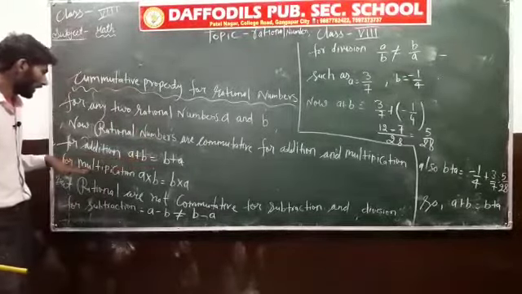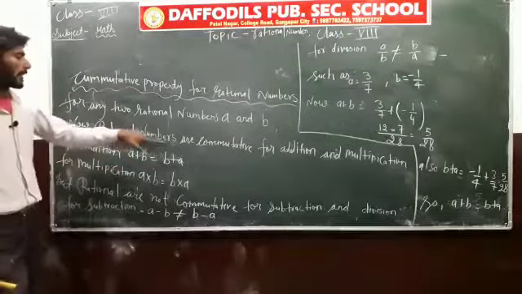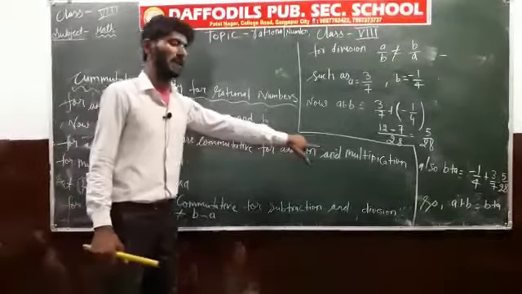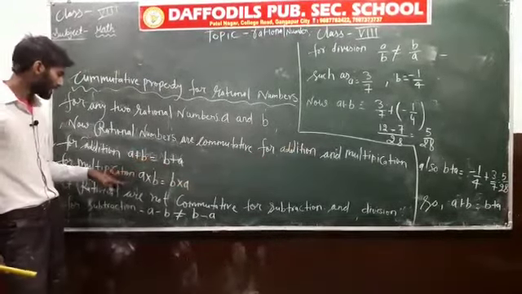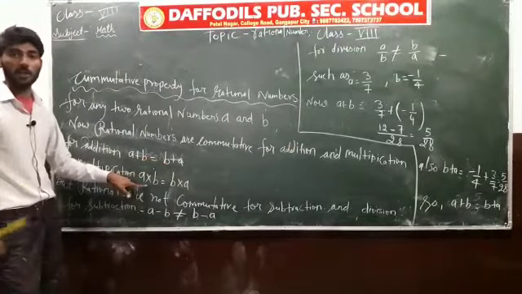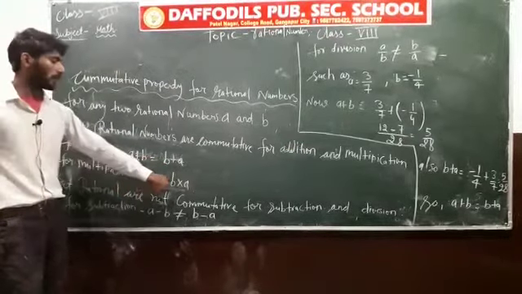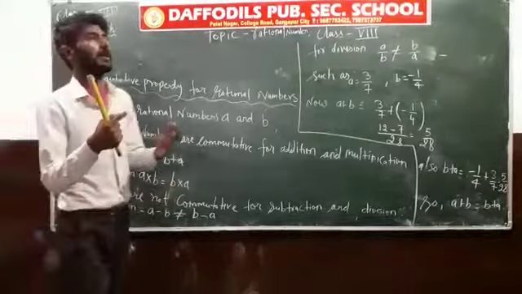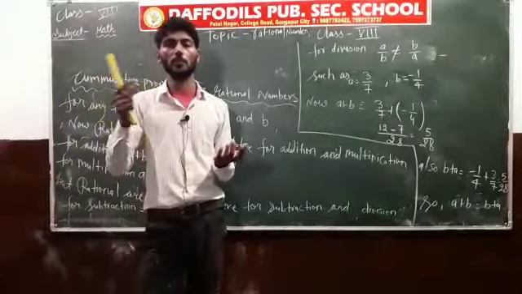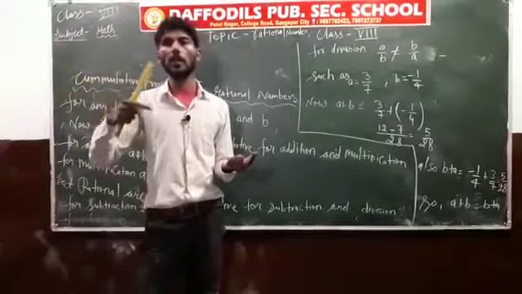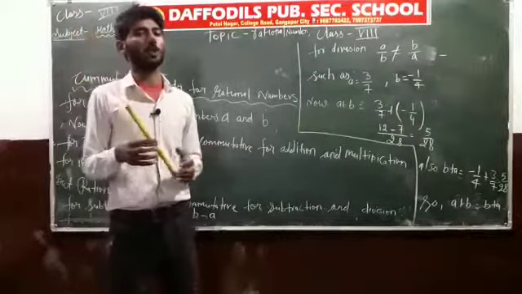Okay, and rational numbers are commutative for addition and also for multiplication. For multiplication, a into b is equal to b into a. I mean, if you multiply two numbers, 3 into 4, you can also write 4 into 3.